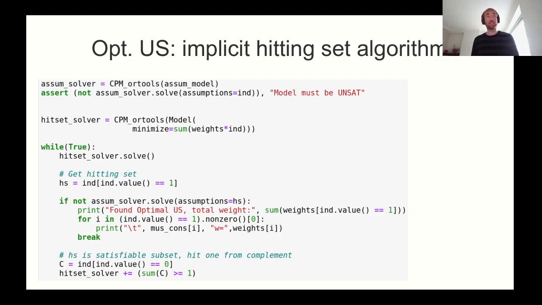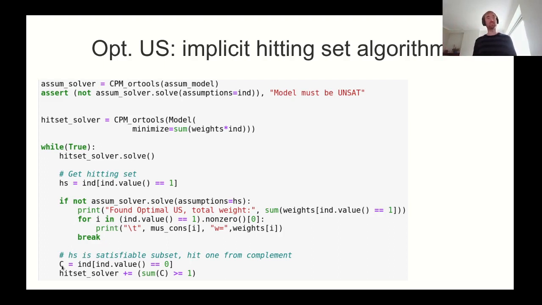And so this is actually running code. This is valid CPMpy code. While your loop continues, you call the hitting set solver and you ask for the most optimal candidate hitting set. You get the elements that are true of it. You check whether it's unsat. If this optimal hitting set is unsat, then you know that you found the cost optimal hitting set. And so then you're done.